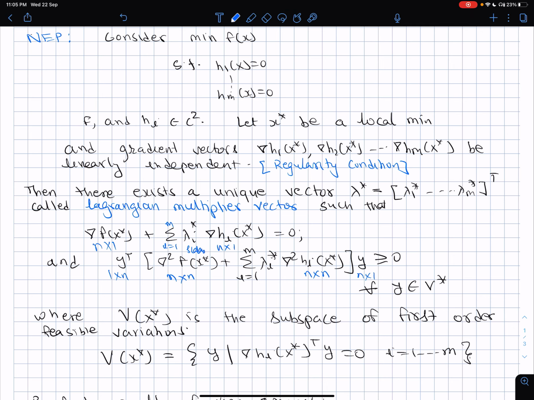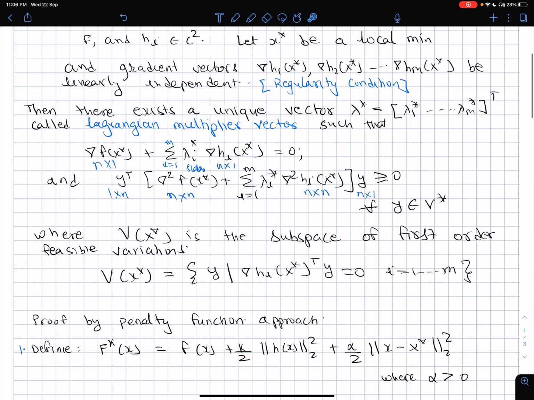And now the requirement is that this Hessian matrix shows positive semi-definite behavior when y comes from V of x star, where V of x star is the subspace of first order feasible variations.